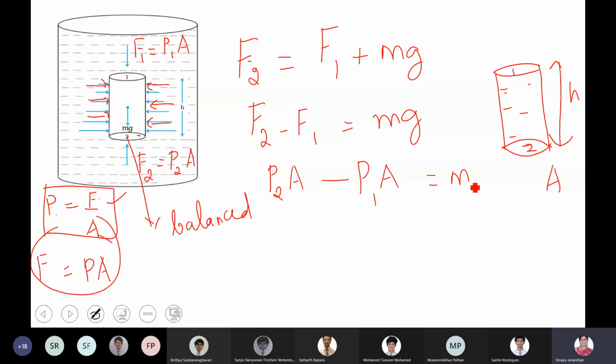So F2 equals P2 into A, and F1 equals P1 into A, which is equal to M into G. Area is the common factor, so P2 minus P1 into A is equal to M into G.